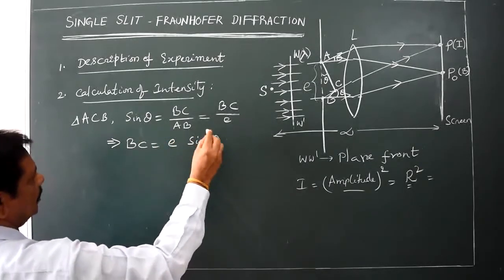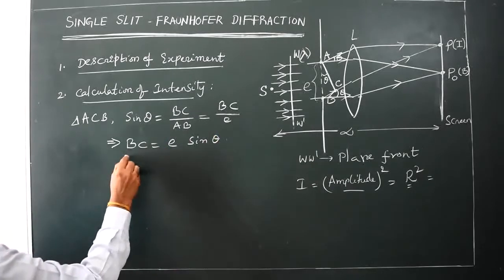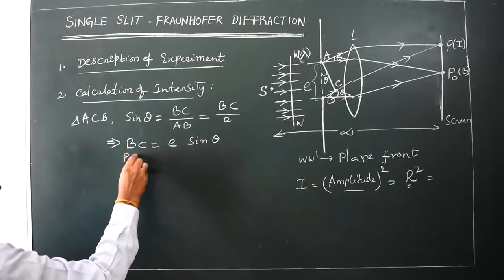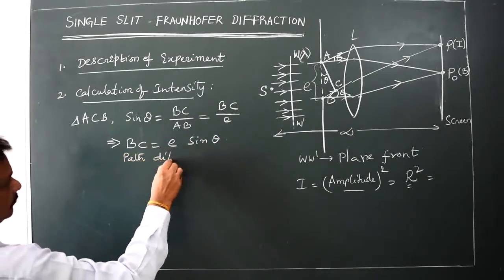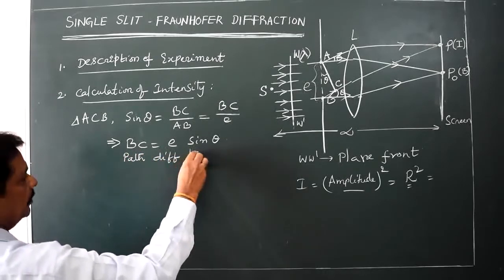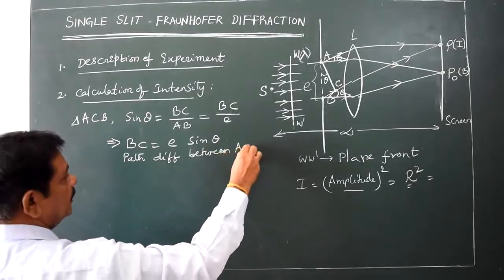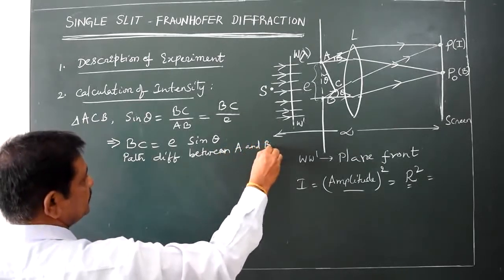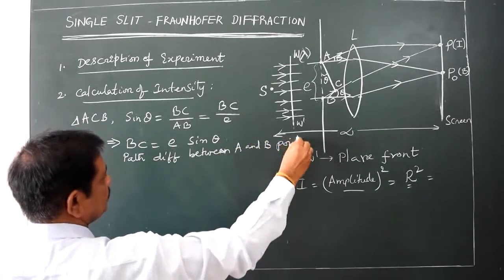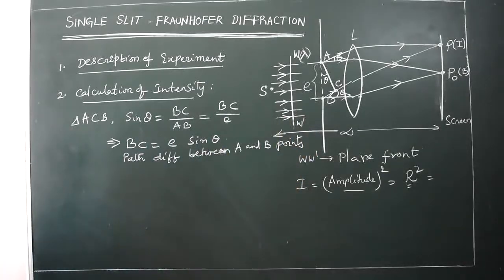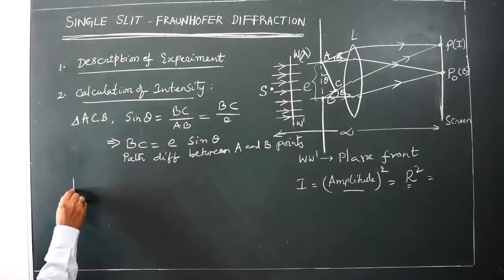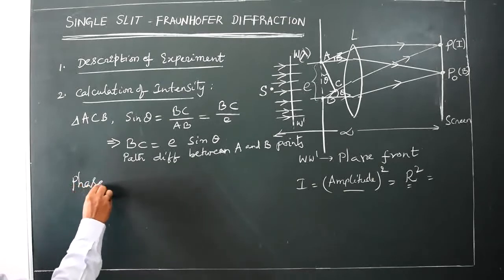This is the path difference between the points A and B. Once you know the path difference, you can calculate the phase difference by this relation.